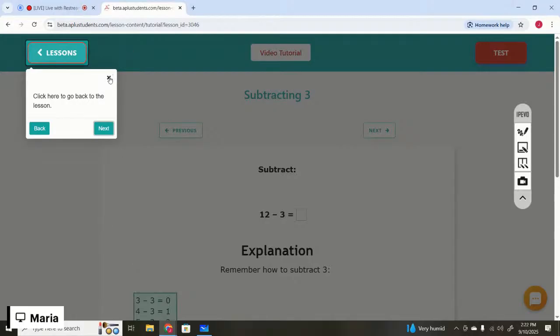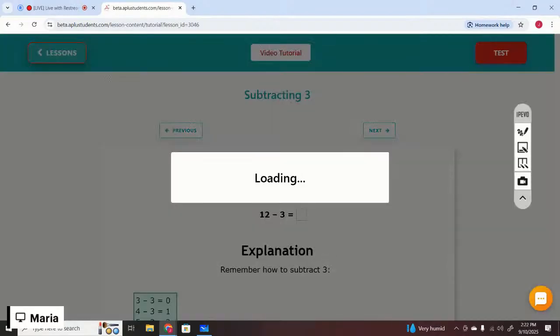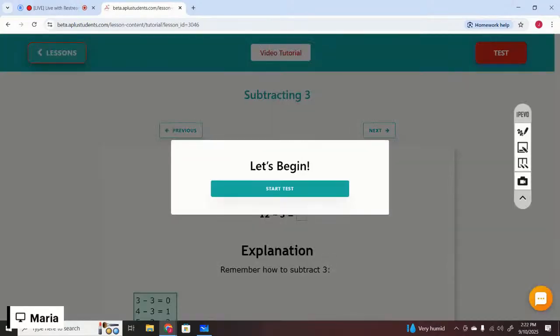Basically, the concept is exactly the same. Subtraction means taking away, but the numbers are different. So let's start with the test questions.